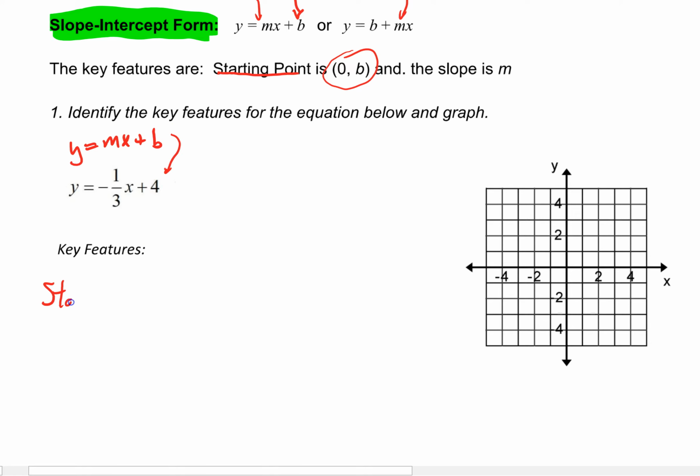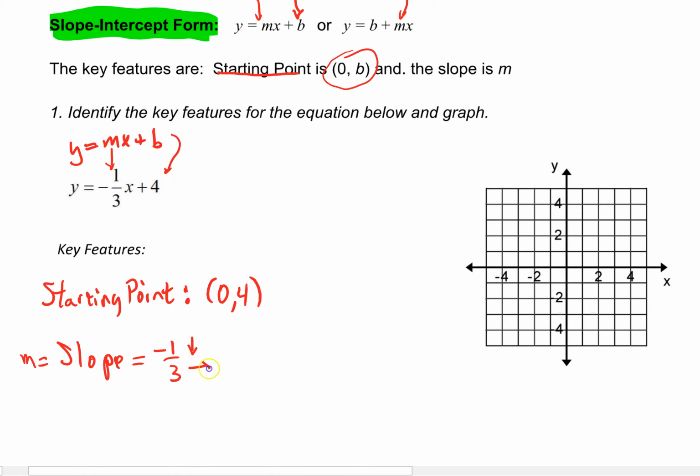We're going to have a starting point of (0, 4). And then our slope, well, of course, that's going to be right here. The slope, or our m, that's -1/3. That's a rate of change. It's going to tell us to go down 1 and go 3 to the right.